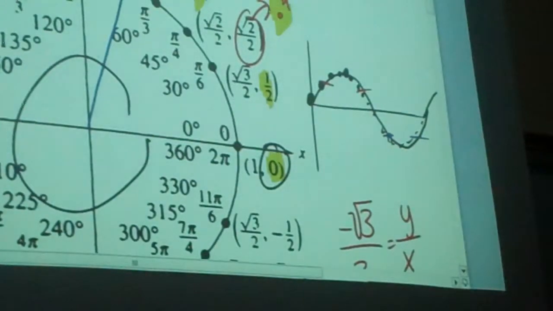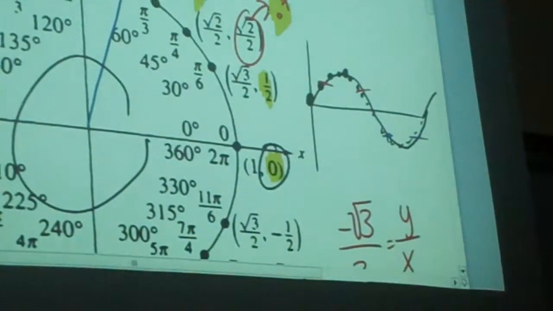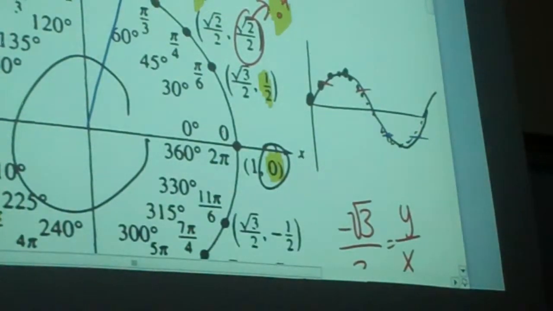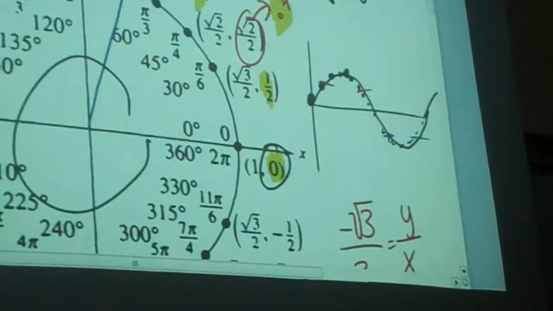Will you ever have a sine value higher than 1? No. I would write that down. You will never have a sine value higher than 1 or lower than negative 1. So the range is from negative 1 to 1.